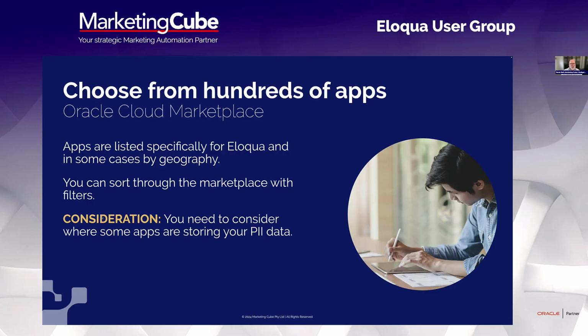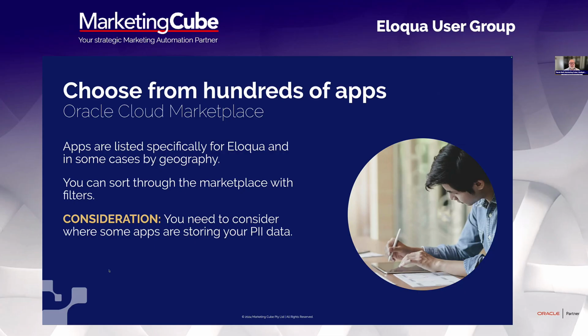Okay, so looking at apps. There are a whole range of apps, as I said, and you can Google Oracle Cloud Marketplace. If you're the Eloqua administrator, you can go into the settings area of Eloqua apps and you'll find a link that will take you directly to the Oracle Cloud Marketplace, but you can just Google it and you'll arrive at the same place. But only an administrator can add apps to Eloqua, just so you're aware.